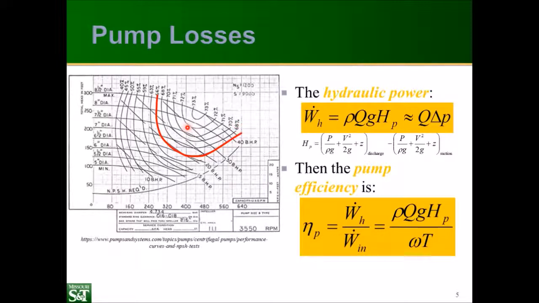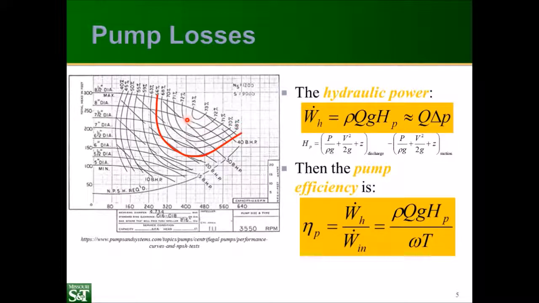So we have to move up to the 8-inch diameter rotor, and it's actually going to produce a little bit more head than we were looking for, about 230 feet instead of 200. So we would have to add, say, a valve or some other kind of flow restriction to increase the head loss in the system to match the pump head produced and maintain our 400 GPM flow rate.